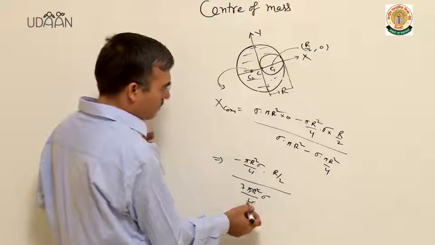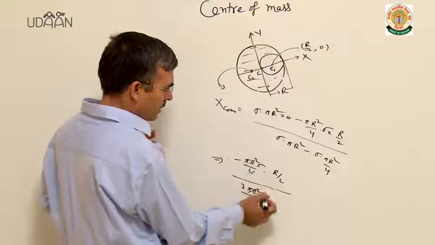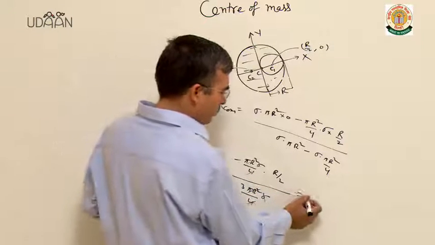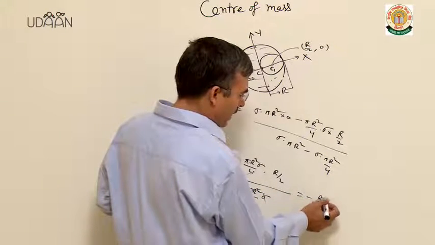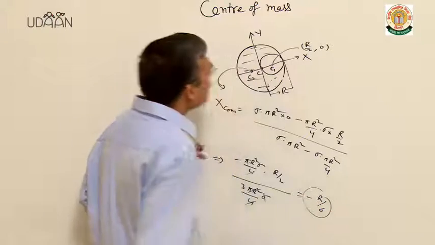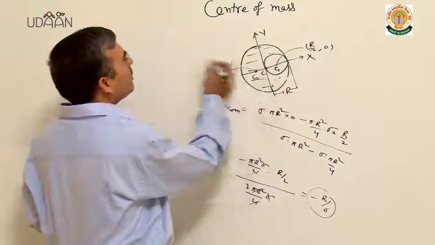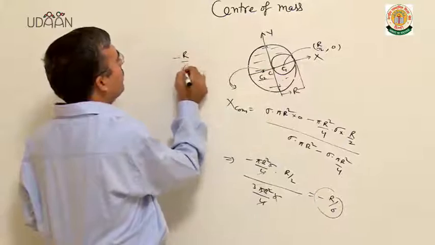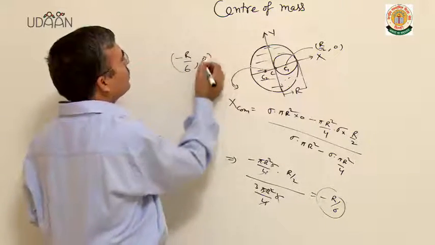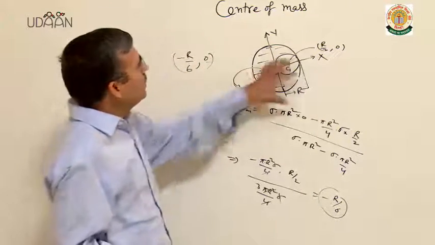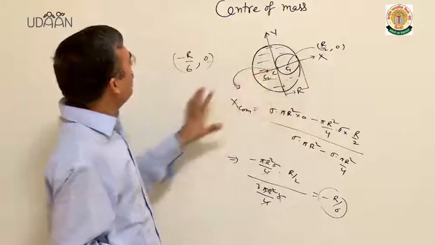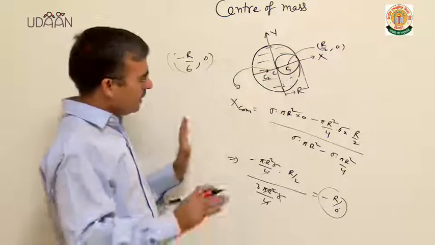So pi r square by 4, pi r square by 4, sigma is cancelled. You will find minus r by 6. So the coordinate of this point will be minus r by 6, 0. So it is the position of the center of mass of the residual part. It shifts this side. Clear? Okay.